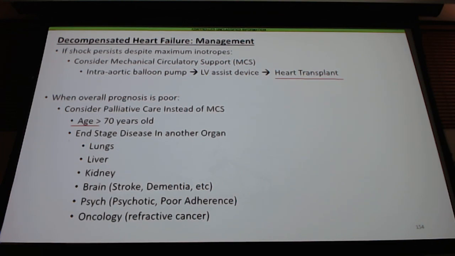Are they going to be able to live through invasive procedures? Do they have organ damage of other organs than just the heart? Because if they have a liver that's failing, a kidney that's failing, or whatever, then they're probably not going to recover from an invasive procedure to address the heart issues.